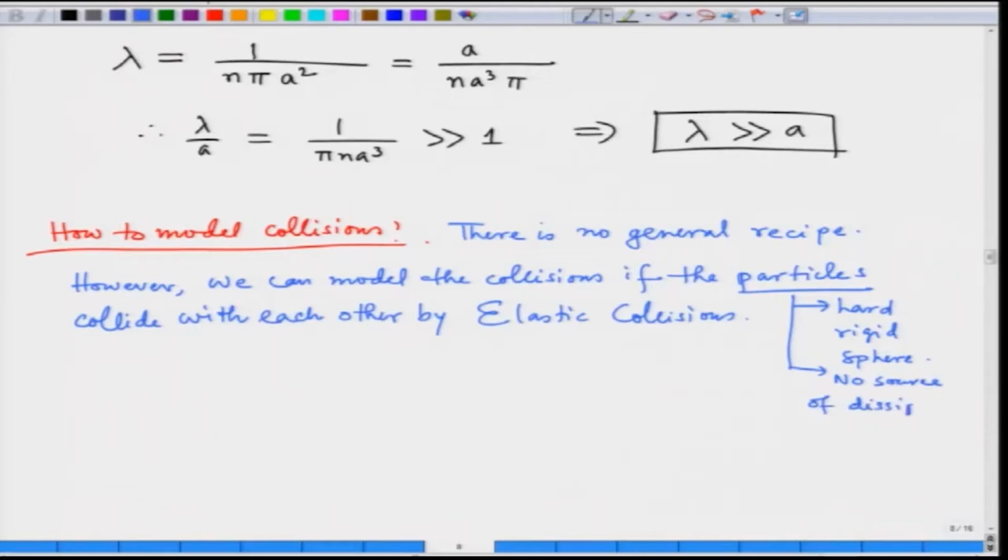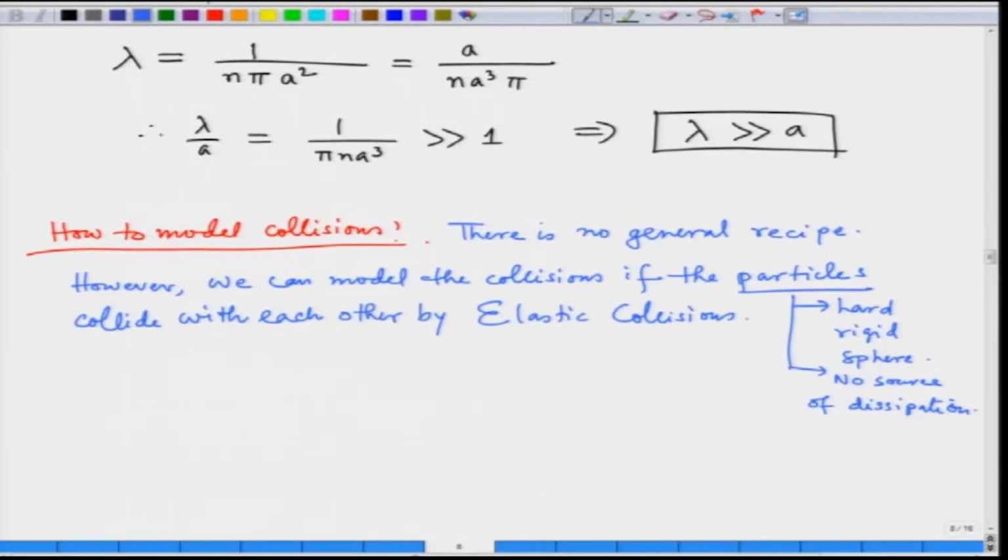So, no energy will be dissipated, and actually I have to say that the kinetic energy will be conserved before and after the collision. That is the definition of elastic collision. You all know that linear momentum is conserved in any type of collision, whether the collision is elastic or inelastic or partially elastic, but kinetic energy is conserved only in the case of elastic collisions.